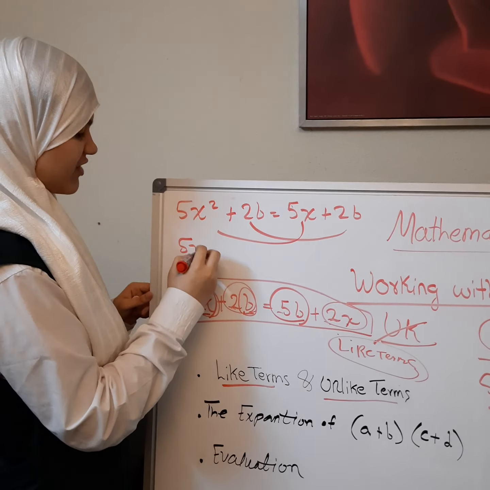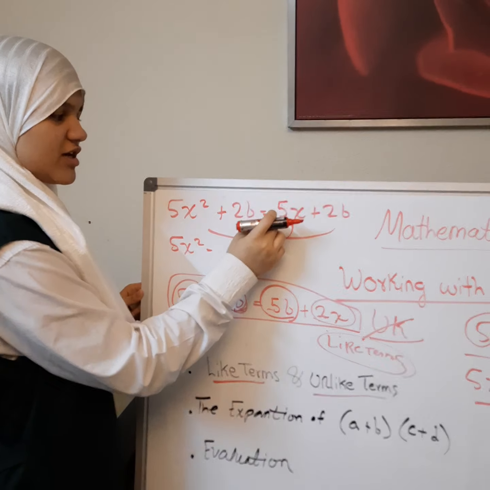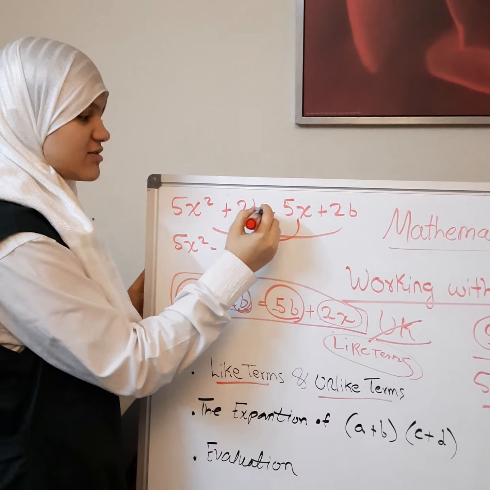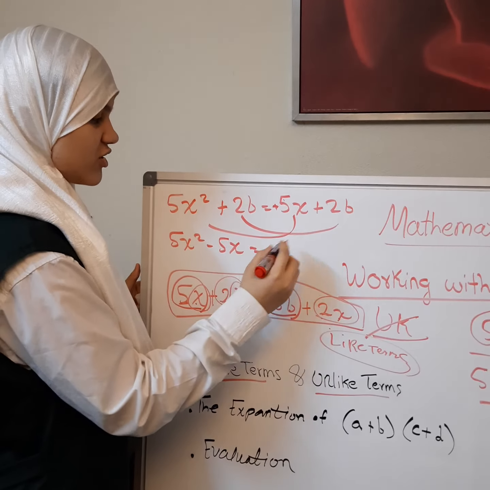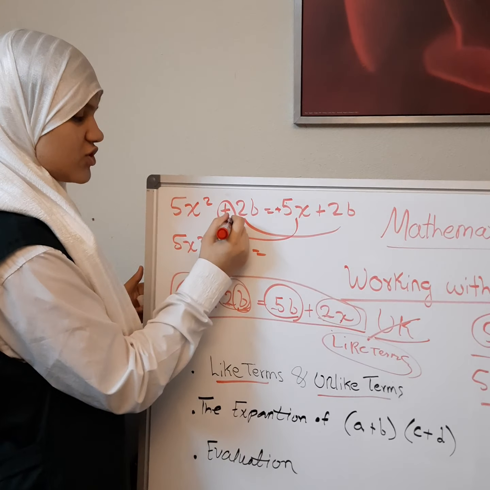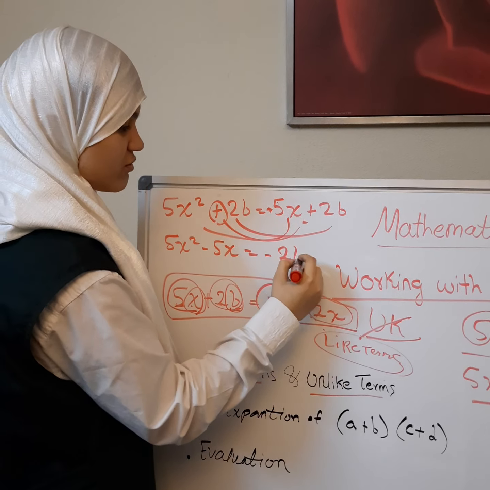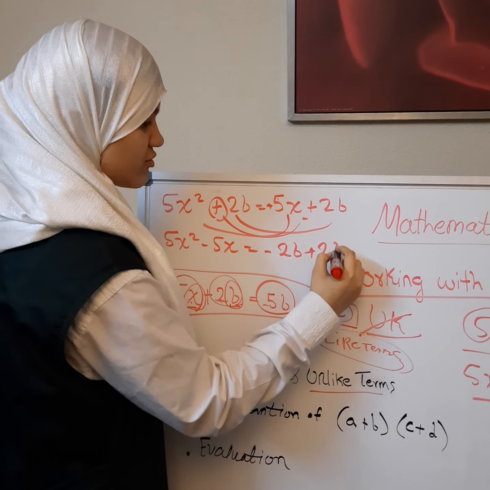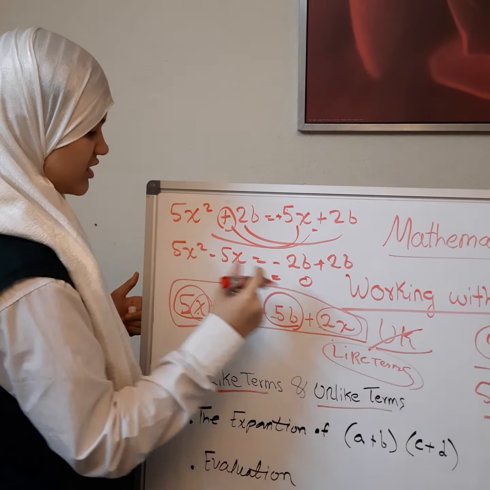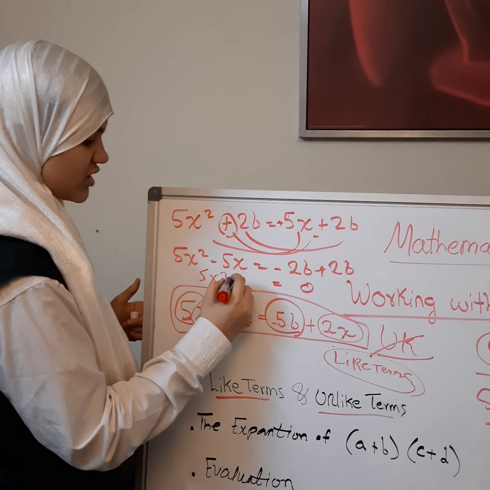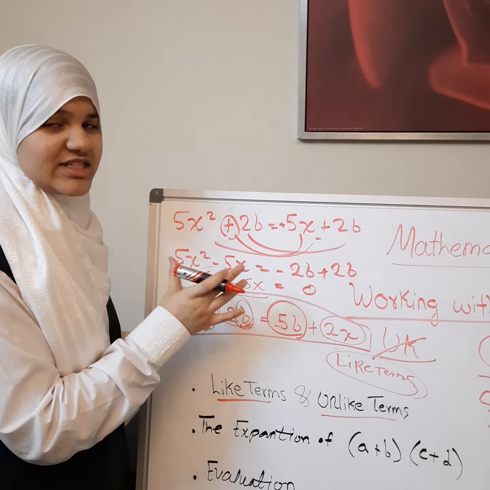That means it will be 5x squared minus 5x, because 5x is without any sign, that means it is positive, and 2b also positive, so it becomes negative 2b plus 2b, which is equal to 0. Here it will be 5x squared minus 5x. We can't simplify them together because they are unlike terms.